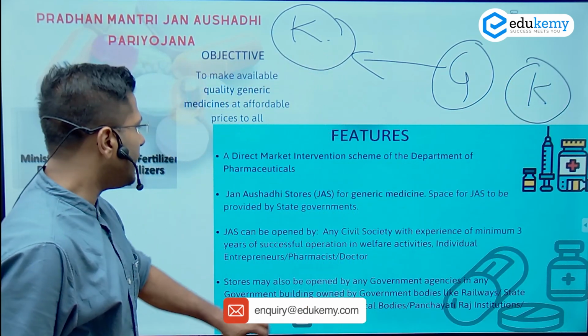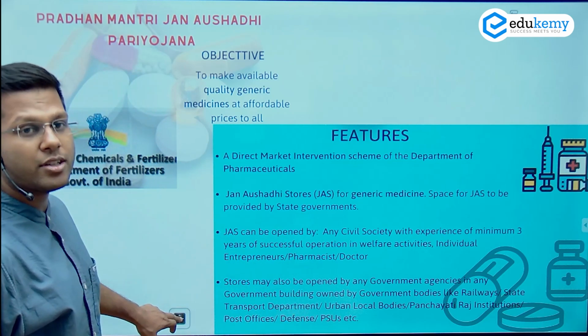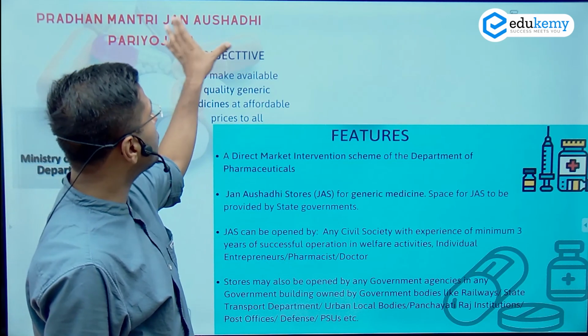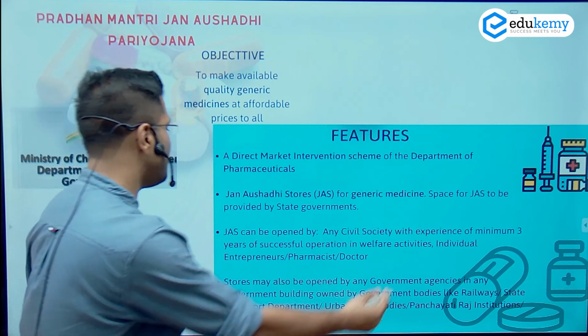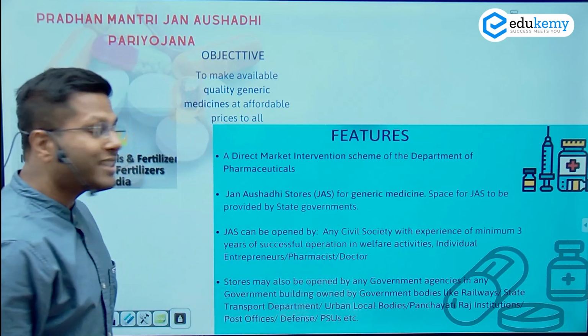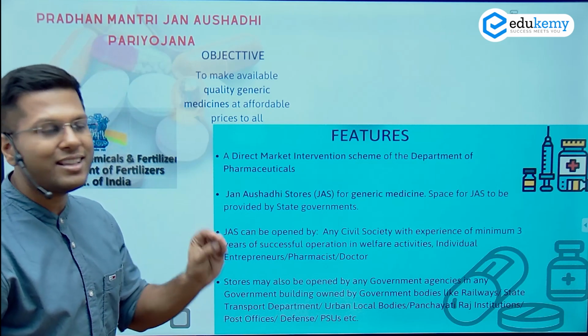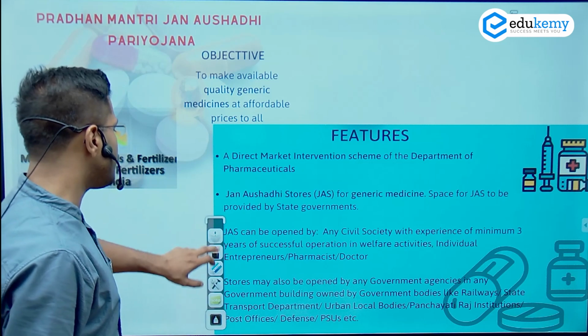This is one. Then it has to be administered under the state government. All these schemes have to be administered under the state government. Next to understand is who can be a part of the scheme, that means who can be running these kendras. Any person with a minimum experience of 3 years in welfare activities, entrepreneurs, pharmacists, and doctors can run this scheme at their places, right? So we are talking of the kendras where this scheme is run.